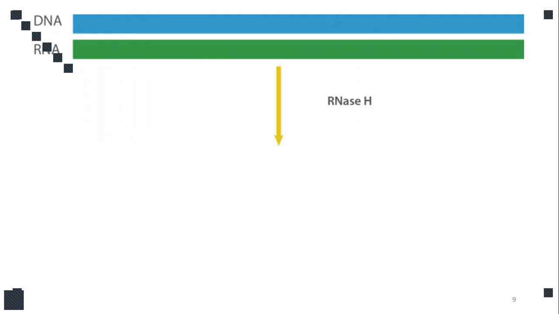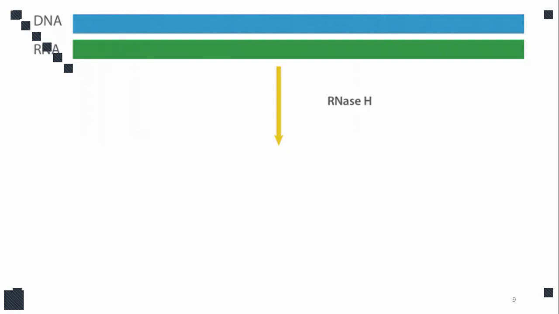So this is your hybrid. The blue color is DNA, the other color is RNA. Remember that you don't have this kind of situation naturally happening. It's only under certain conditions that you can have a double-stranded molecule where one strand is RNA and another strand is DNA. And that is why, naturally speaking, RNase H exists, in order to take care of this scenario.